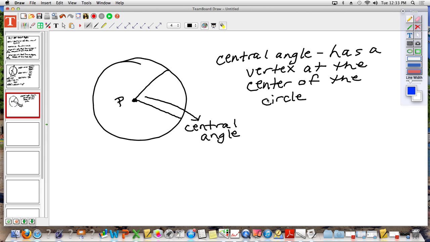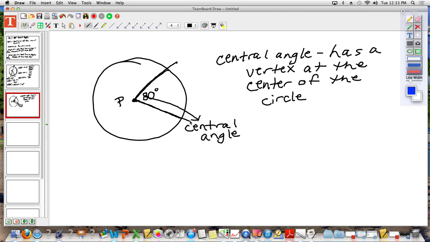Now let's say that you knew that this central angle had a measure of 80 degrees. If I extend the sides of that angle and it intersects that circle, we have created an arc. Would you agree with that?